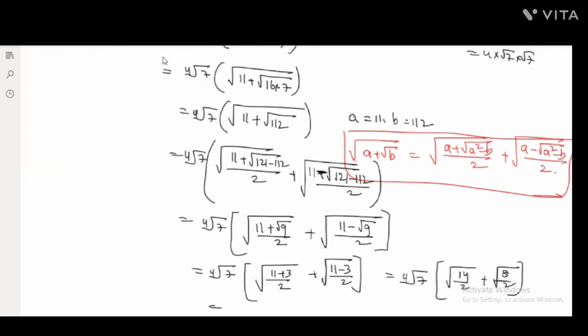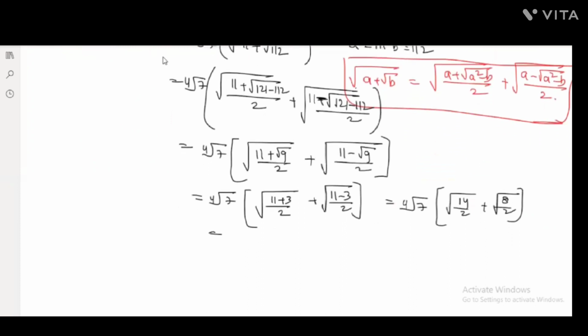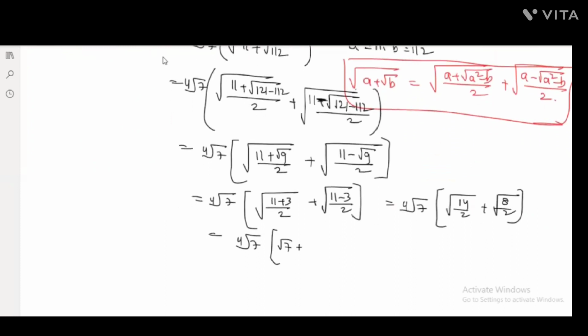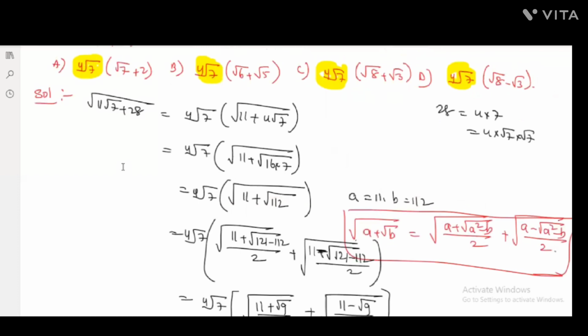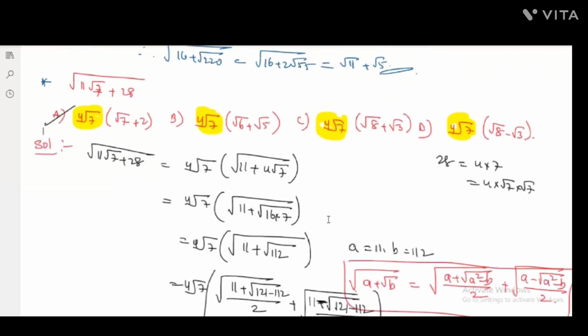So this can be written as 4th root 7 into root 7 plus root 4, that is 2. So therefore the square root of 11 root 7 plus 28 is 4th root 7 into root 7 plus 2. If you look at the options, option A is the correct option for this question.